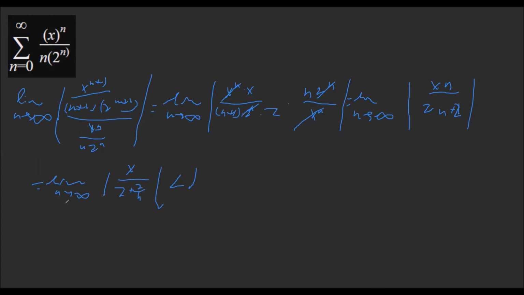Now, if we were to use this limit, if we were to replace n with infinity, well, this denominator would be equal to 2 plus 2 over infinity.